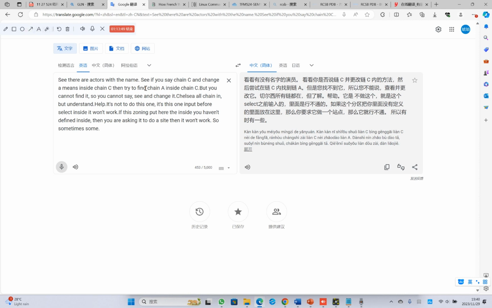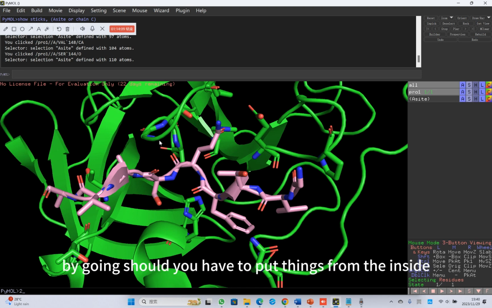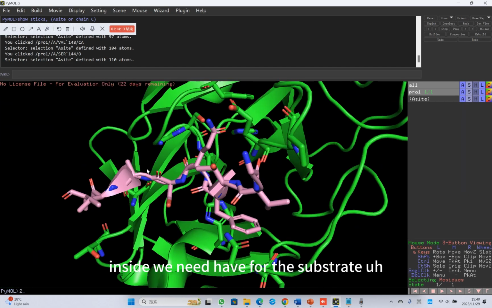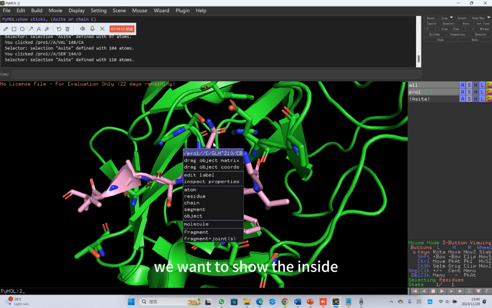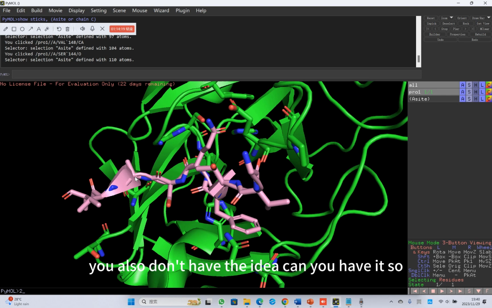This term is equal to C. We only have this for the substrate. We want to show the A side.